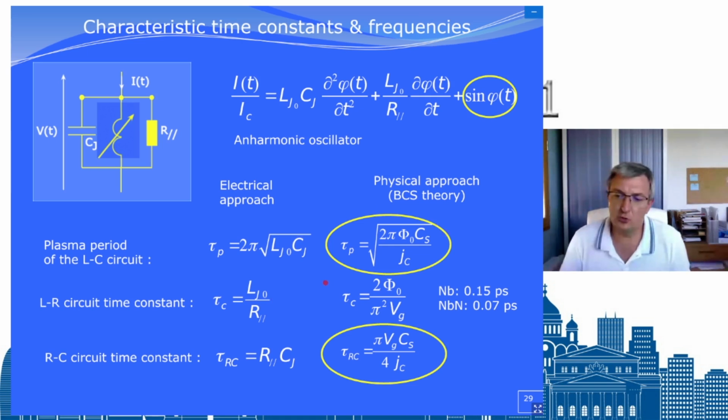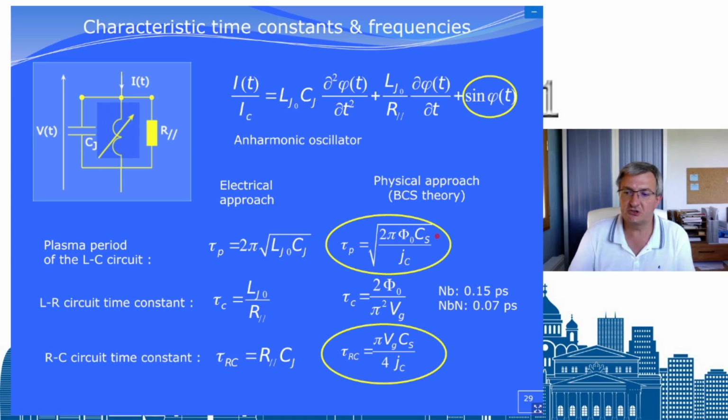So you can simplify this equation, and you see that you have this plasma period, which depends only on physical constants, quantum fundamental constants, so that's simple, and two parameters which are really a property of the barrier of the junction. You have the specific capacitance. The specific capacitance of the junction depends on the barrier, mostly what dielectric constant, what is the density of the barrier, etc. So this is really a material issue.